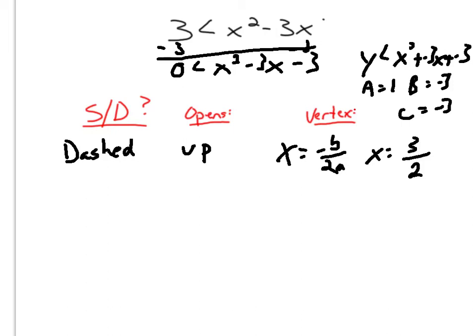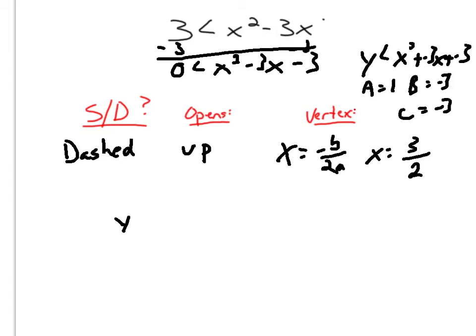So now I'm going to plug that in to figure out what the y-coordinate is. Now again, when we are graphing this, we're going to pretend like this is an equal sign. The only thing that we'll need to pay attention to the inequality for is is it solid or dashed, and then which way we're going to have to shade at the end. So right now we're going to pretend like this is an equal sign to solve it.